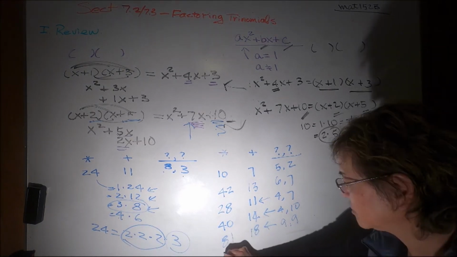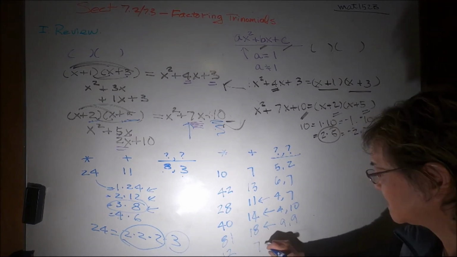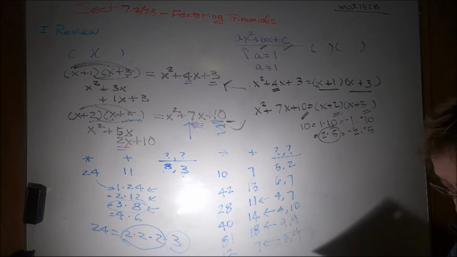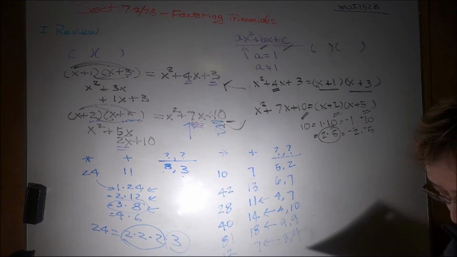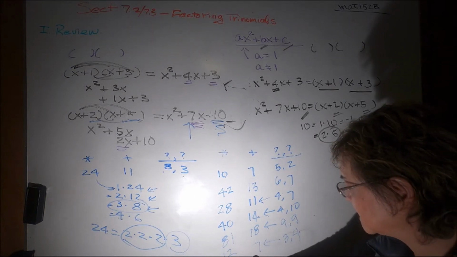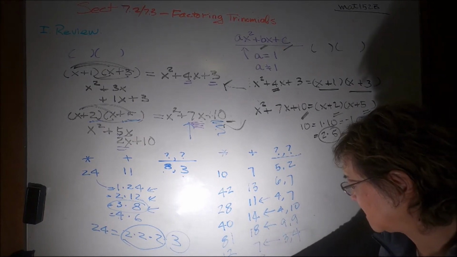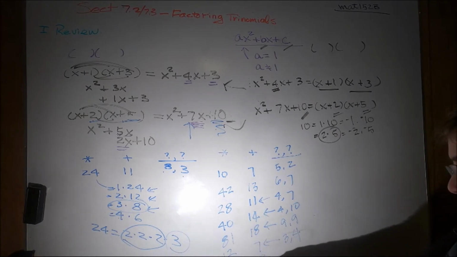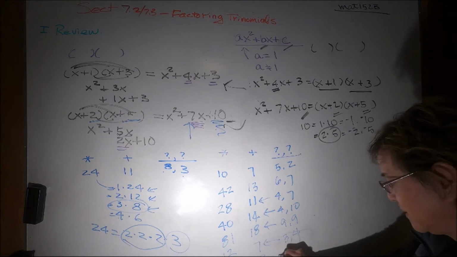So look at 12, multiply together is 12, added together is 7. That would be your what? 3 and 4. Will that work? How about 16? Multiply together is 16, added together is 8. You would think, oh, 2 times 8 is 16, but it will not be 8 when you add them. How about 4 and 4?